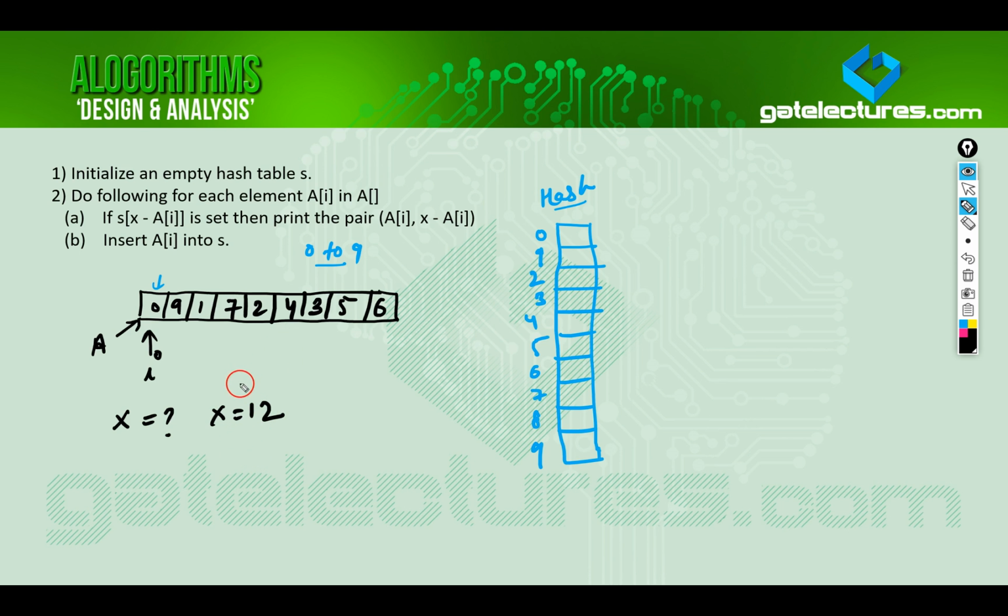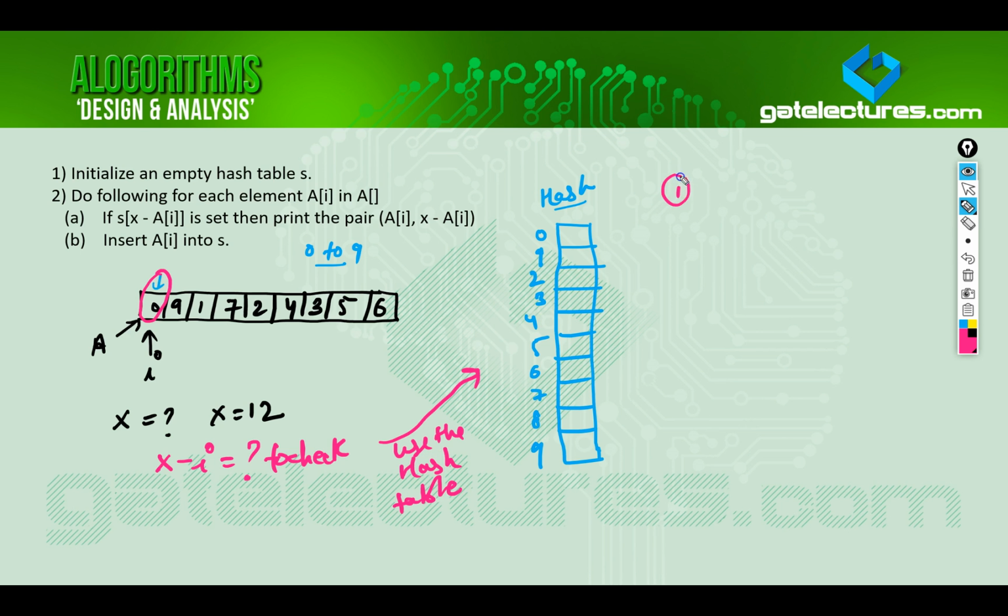What we can do is take the number represented by I, for example the first number, which is 0. We are going to do x minus I, and then check whether this number exists inside this array or not. To check this, we are going to use this hash table.